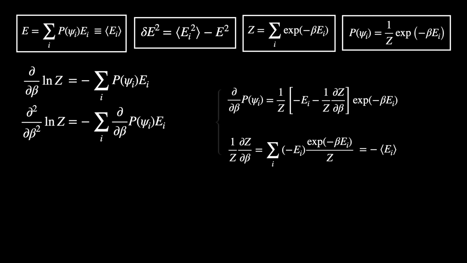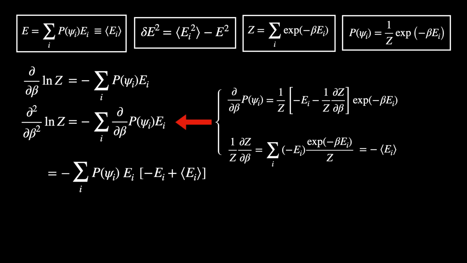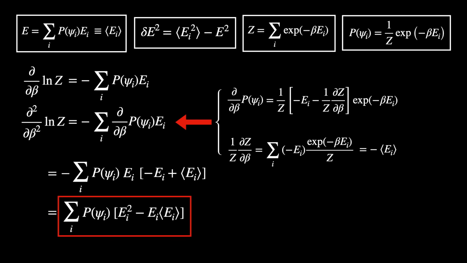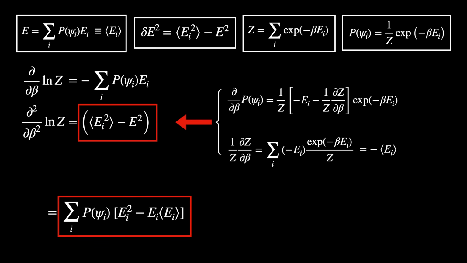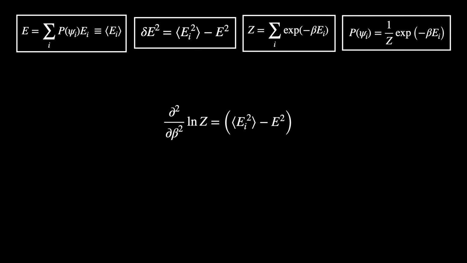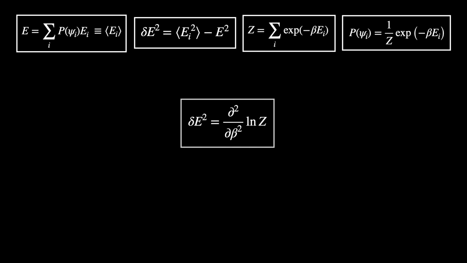Substitute this expression for dP/d beta back into the second derivative of log Z. We then have the second derivative of log Z with respect to beta equals the difference between the average of energy squared and the square of average energy, which is just the square of energy fluctuation.